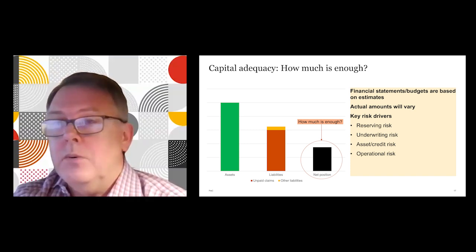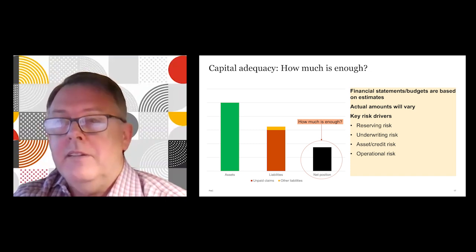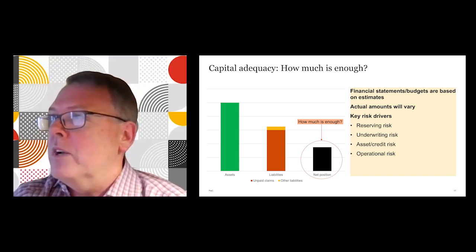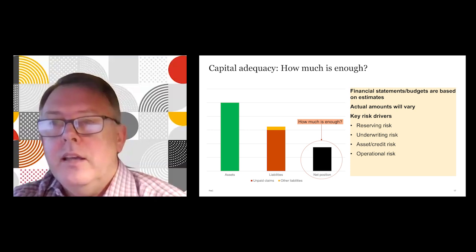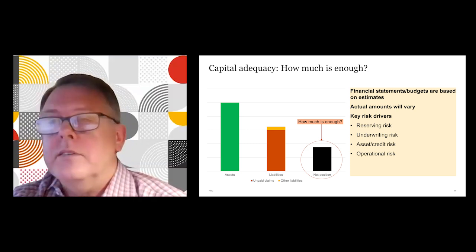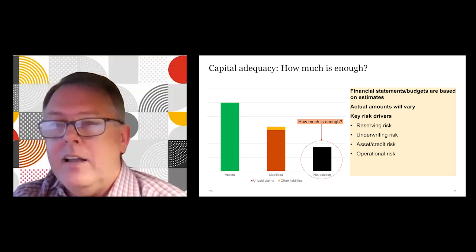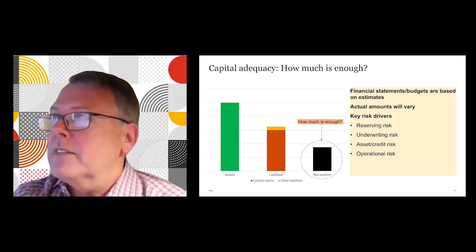Even A-rated carriers go insolvent, and if they go insolvent, that obligation may come back to you. So that has to be factored into your capital. And operational risk is generally pretty small for a property casualty pool. It can be fairly significant for a health trust. If you get some sort of HIPAA violation and some sort of fine, those fines can really multiply. But these are the various risk drivers.